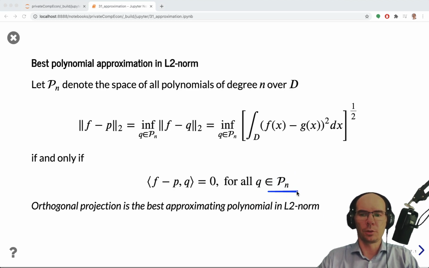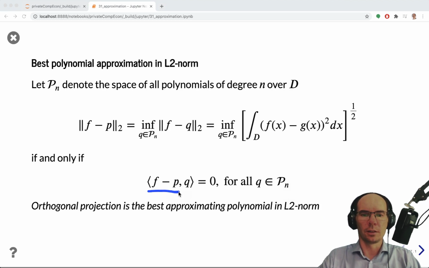If there's a basis in this space, then the residual has to be perpendicular, orthogonal, to every element of the basis, and thus to all of the polynomials in that space. And that means that we are basically projecting, right?